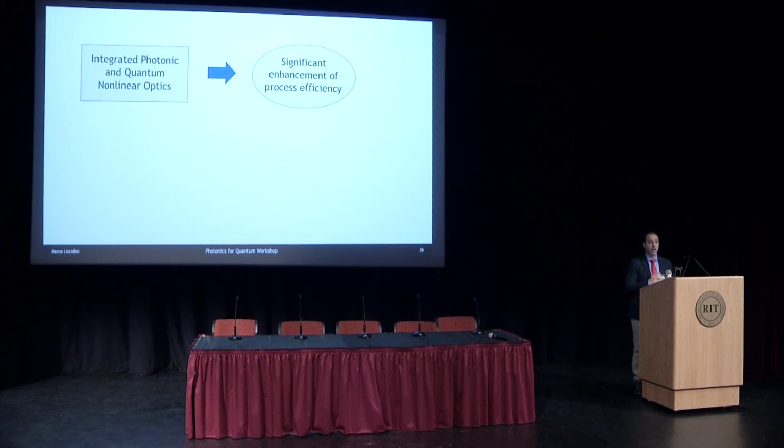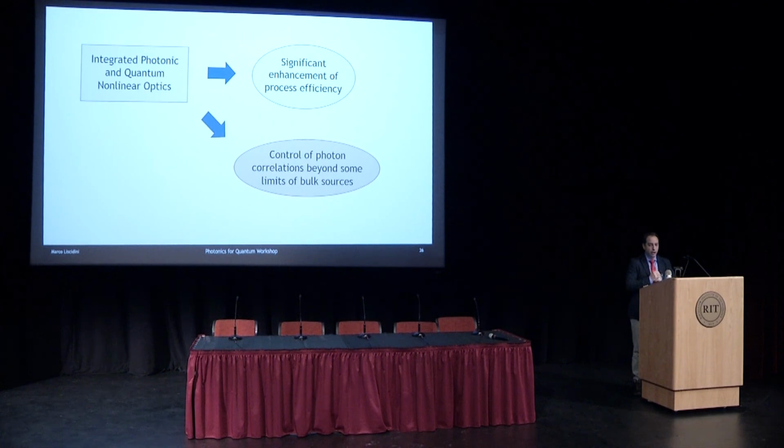Another important point is that you can control correlations up to a point that is not reachable with bulk optics, because it would be too complicated, moving all these resonances up and down, having different free spectral ranges and so on. It's just impossible to do.